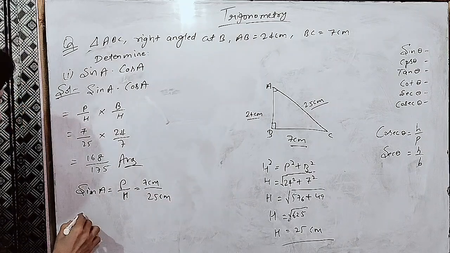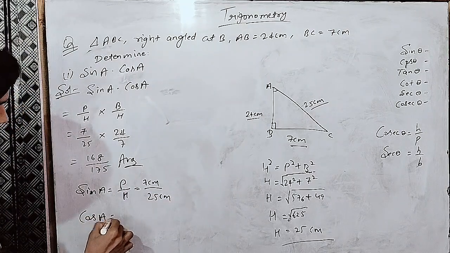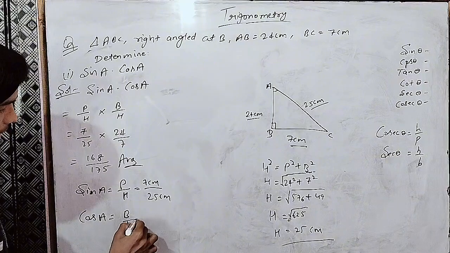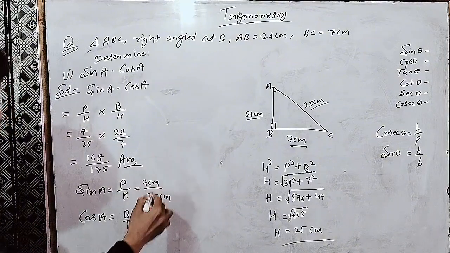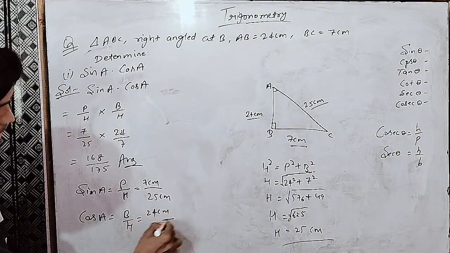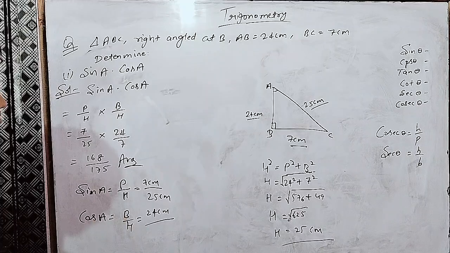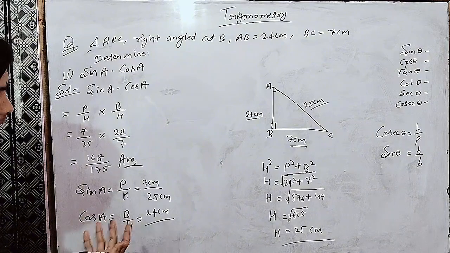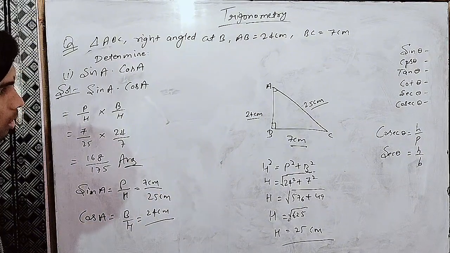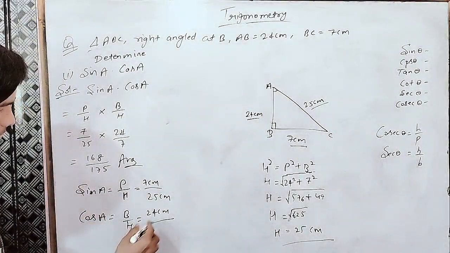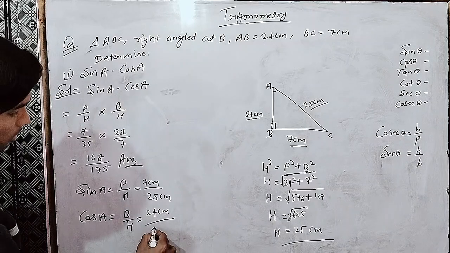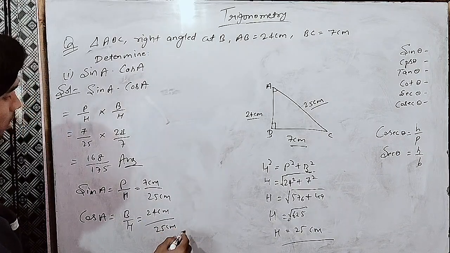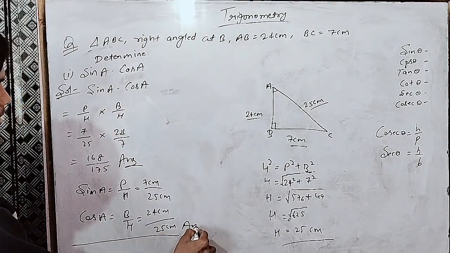This is the value of sin A. Cos A is B by H. B is 24 centimeter, H is 25 centimeter, because we have all the values of B and H. Okay, that's it.